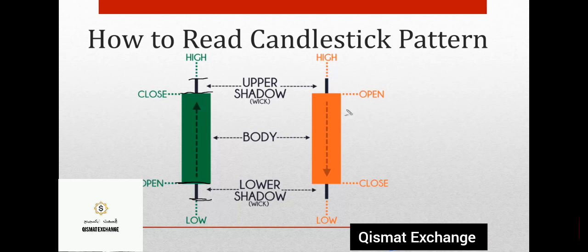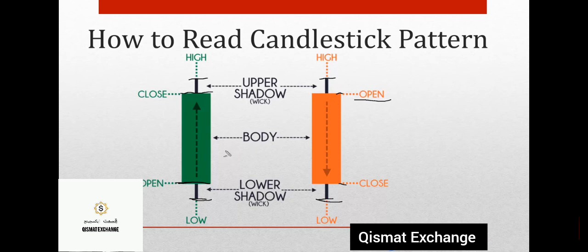Likewise, on the other hand, for the red bar, the bearish bar, the open is at the opposite side. The open now is on top, and the close is at the bottom. The low of the session is over here, and the high of the session is here. So the main difference between a bearish bar and a bullish bar is that the open and close are on opposite sides.